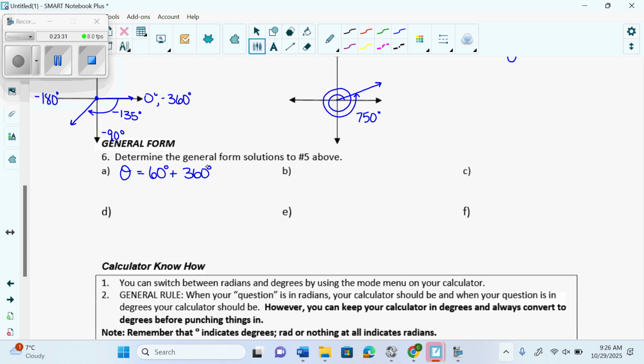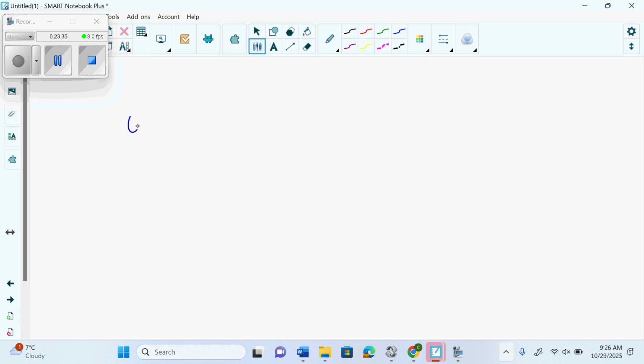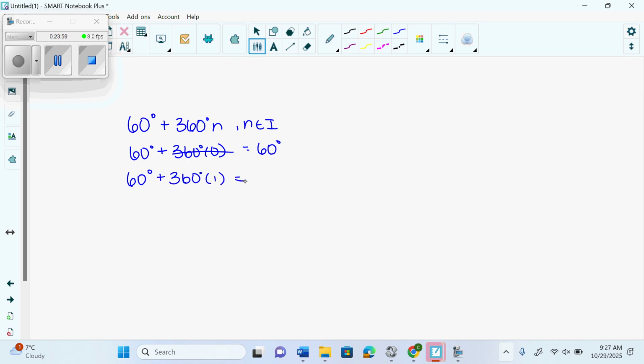An N. Now, for those of you who are still like, I have no idea why we do this. If I have 60 degrees plus 360 degrees N, and N was an element of the integers, N could be 0, correct? So if I went 60 plus 360 degrees times 0, I'm going to get 60, yes? If I use my next positive integer, 1, I'm just adding 360.